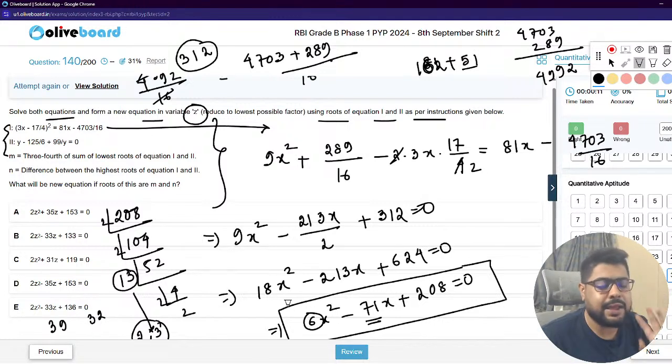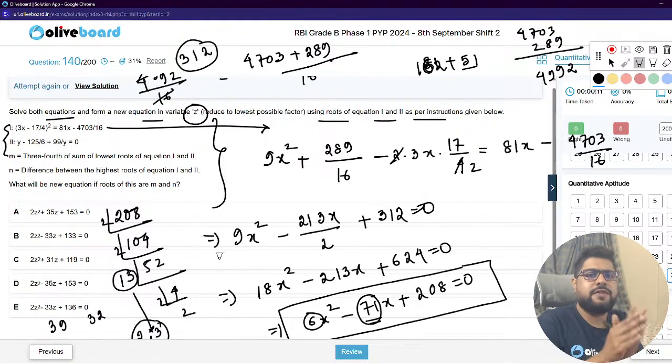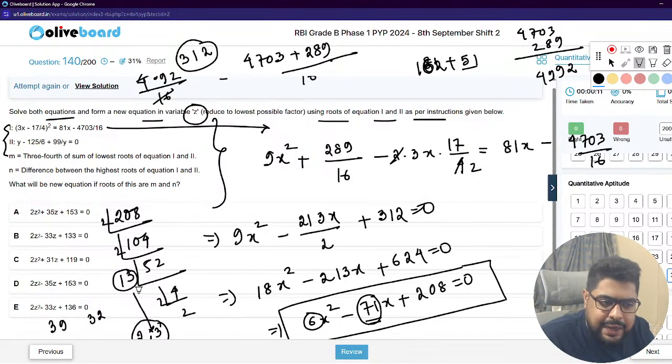You see, how did I think? I need an odd number. If I multiply 2 on both sides, I'll not get an odd number because the sum of 2 even numbers is always even, and the sum of 2 odd numbers is also even. So I need to take one odd. Take all the 2s to one side and 13 into 3, 39.